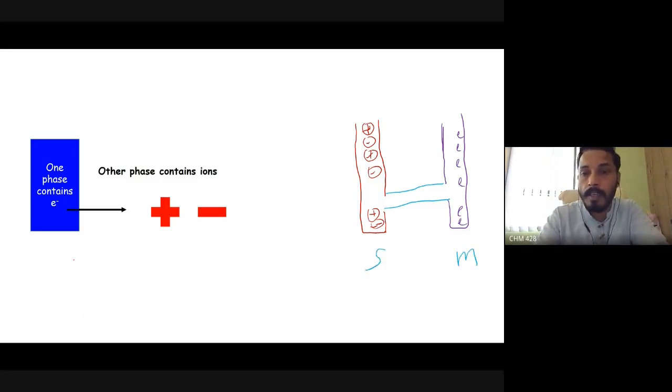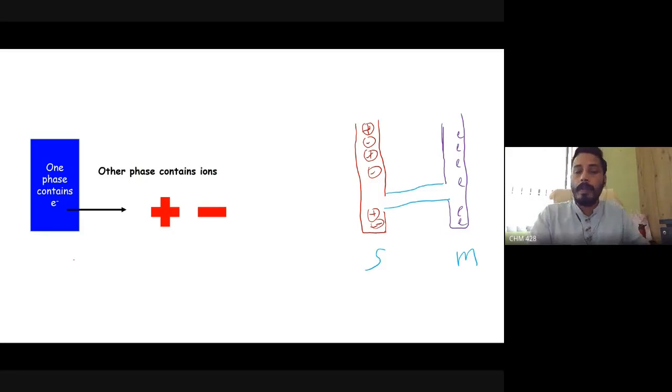M means metal, S means solution. So you are connecting the metal tank with the solution tank via a tube, as shown here.